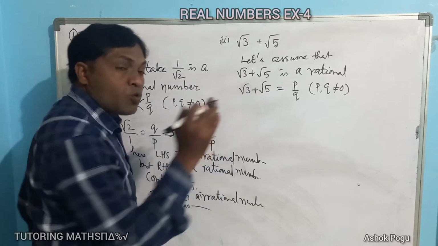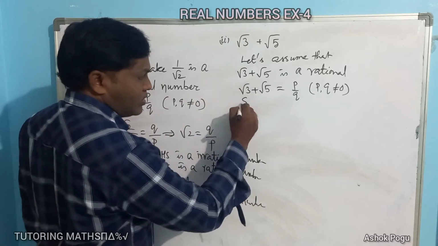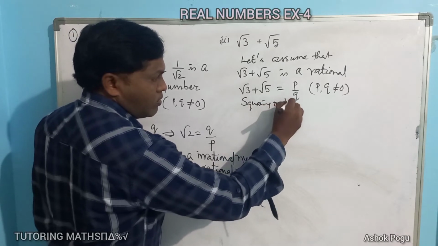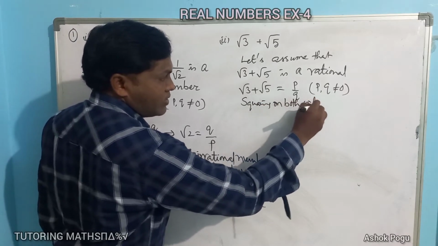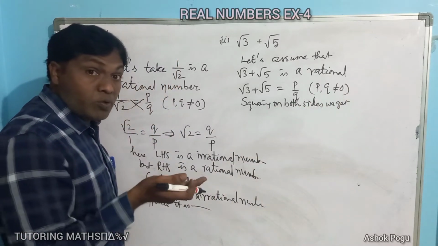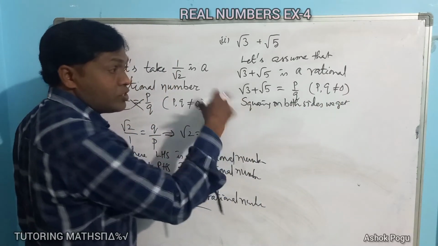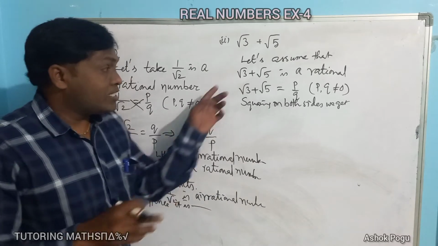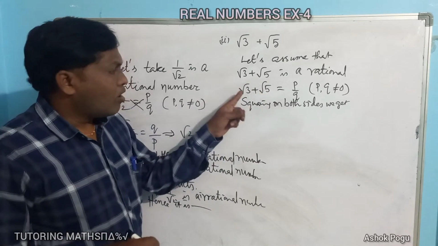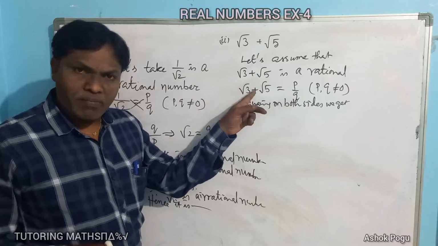Now take squaring on both sides. Squaring on both sides, we get. You can question me, why should we square on both sides? Why are you going to take the squares? Taking squares on both sides, because already they are irrational numbers.